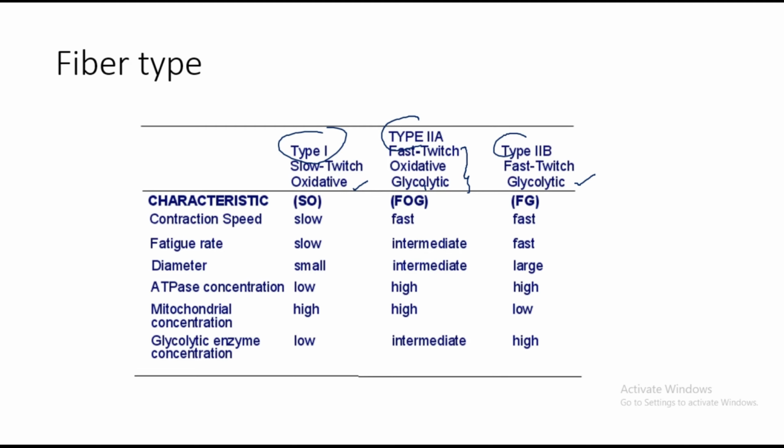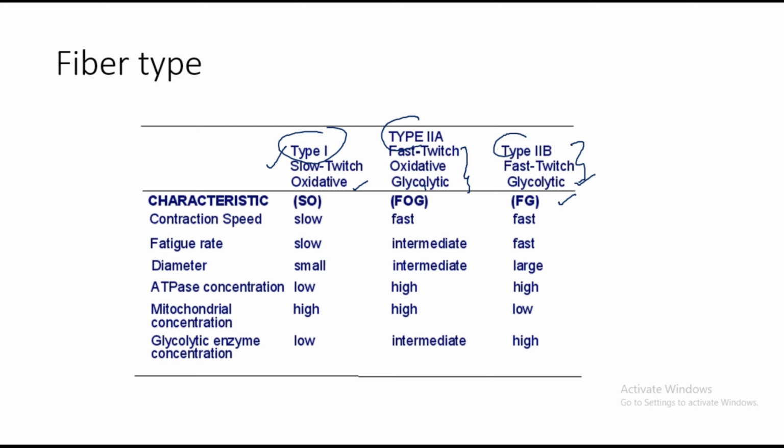These fast glycolytic fibers are seen in sprinters, in short, high-intensity, short-burst activities, for example 100-meter sprints. We see that the majority of the skeletal muscle fibers are type 2B. If you look at slow endurance long-distance runners, we see mostly the slow oxidative type 1 fibers of the skeletal muscles.